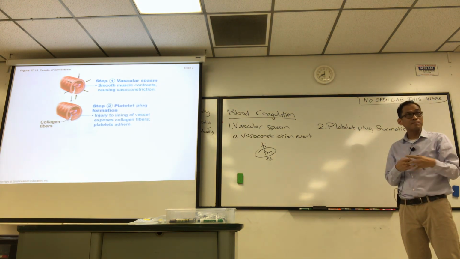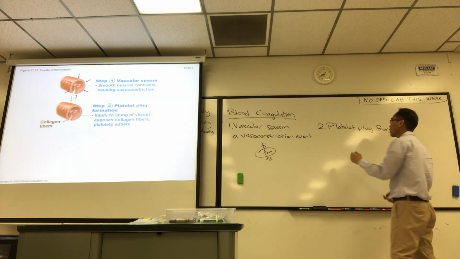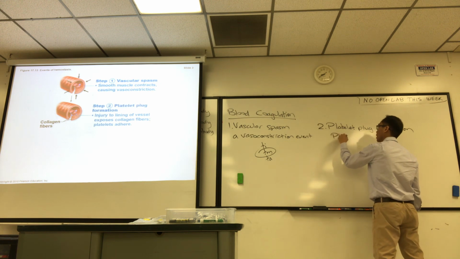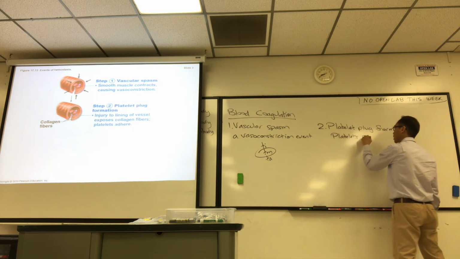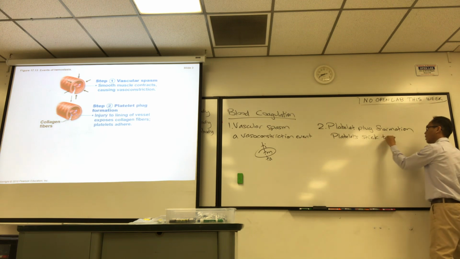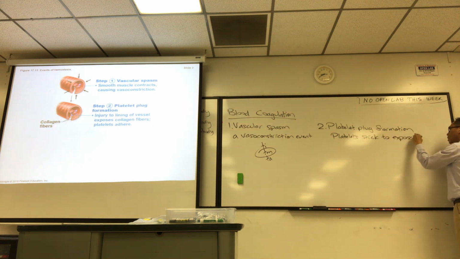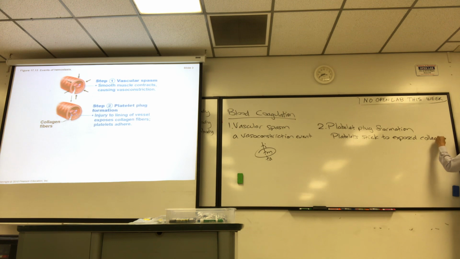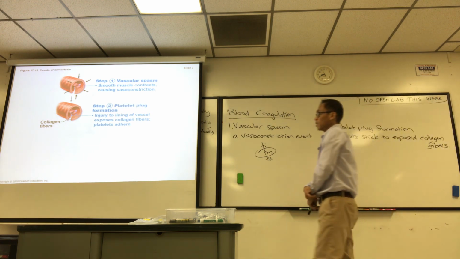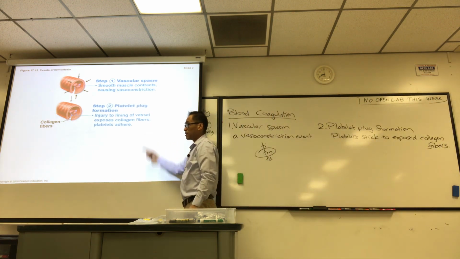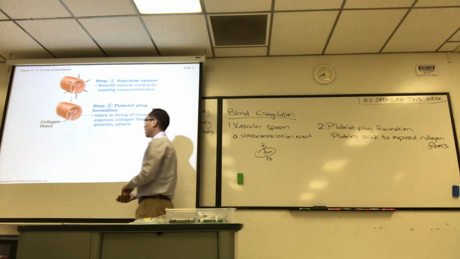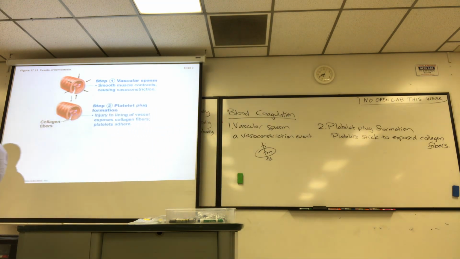So platelets may stick to the exposed collagen fibers. So that's what's said here. I want to show you another picture of the platelet plug. This is kind of a precursor to the fibrin mesh. And it doesn't always happen.